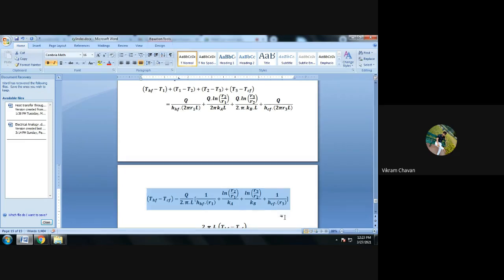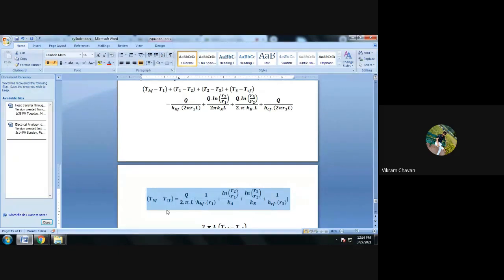Is everyone getting it? Write down the equation: T_HF − T_CF is equal to Q divided by 2πL into square bracket 1 divided by h_HF × R1, plus ln(R2/R1) divided by k_A, plus ln(R3/R2) divided by k_B, plus 1 divided by h_CF × R3, square bracket complete.